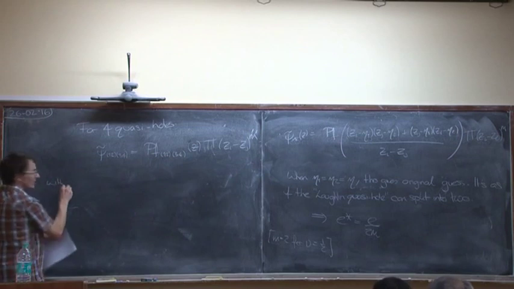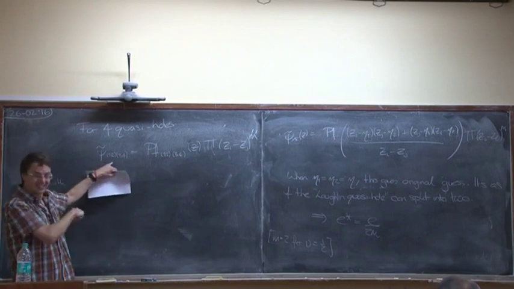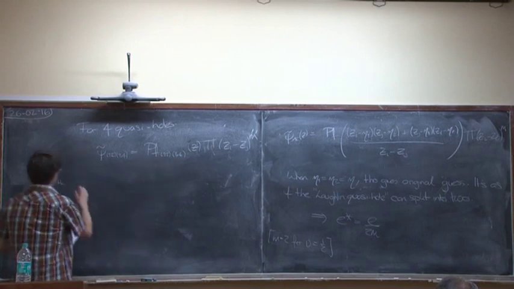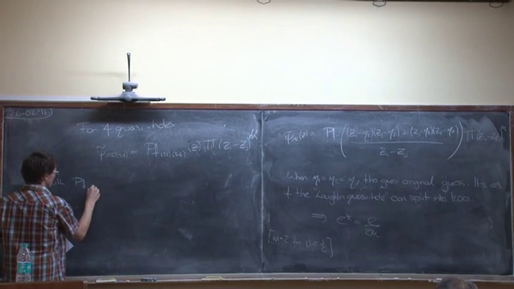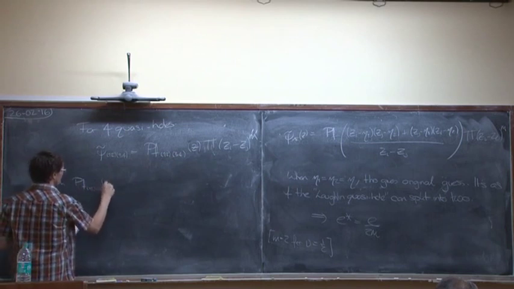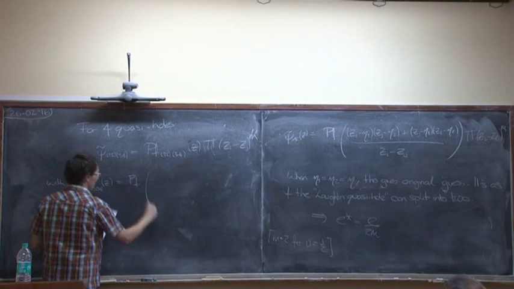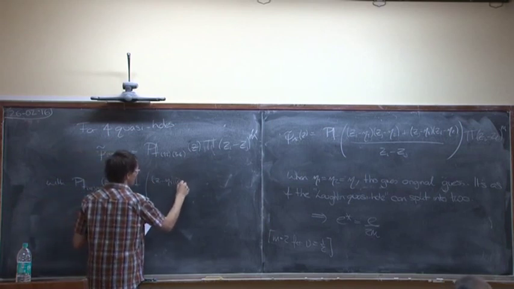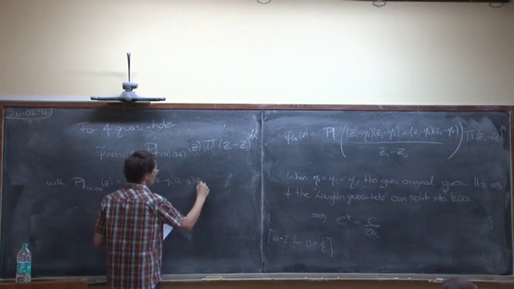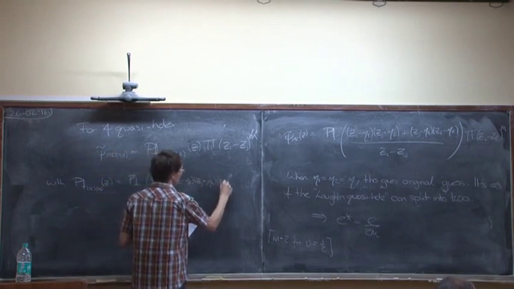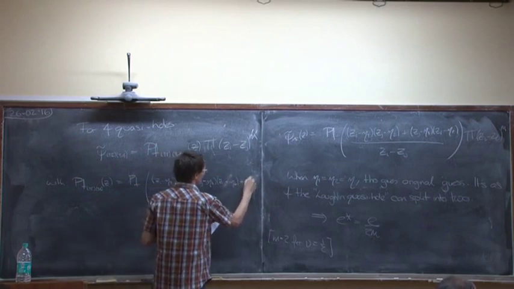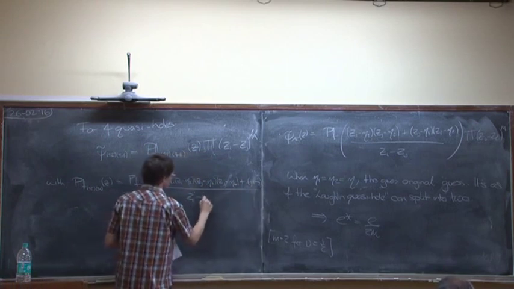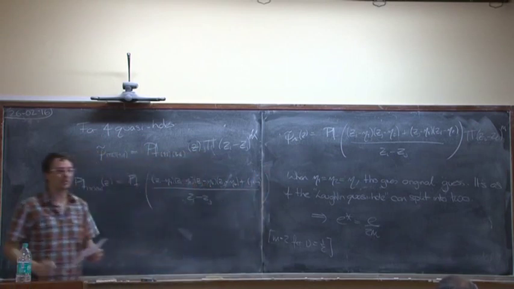Sorry, could you say what the notation is? Yes, I'm going to write this down now. So I'm going to define what this Pfaffian means. This Pfaffian is shorthand notation for the following: Zi minus eta1, Zi minus eta2, Zj minus eta3, Zj minus eta4, plus what happens if you exchange i and j.